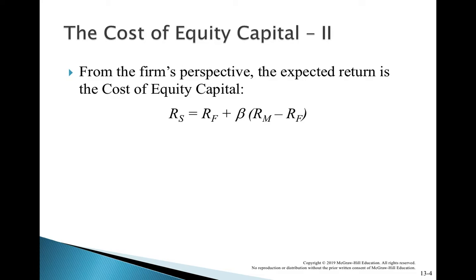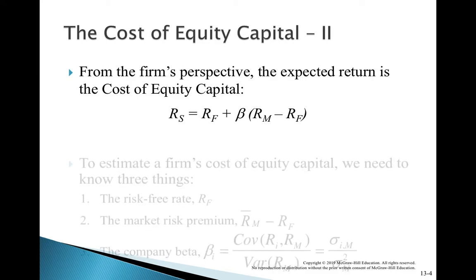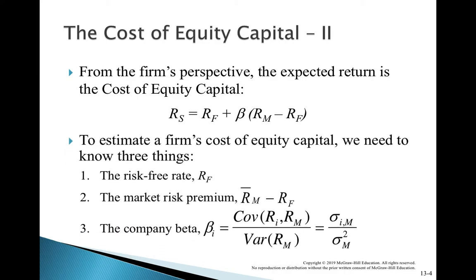Here, students, the market return minus risk-free return is the risk premium, and beta, we have seen in the previous chapter how to calculate it. If we have the stock returns and the market return, then we can calculate the covariance of the stock and the market divided by the variance of the market. Then we'll get the beta.